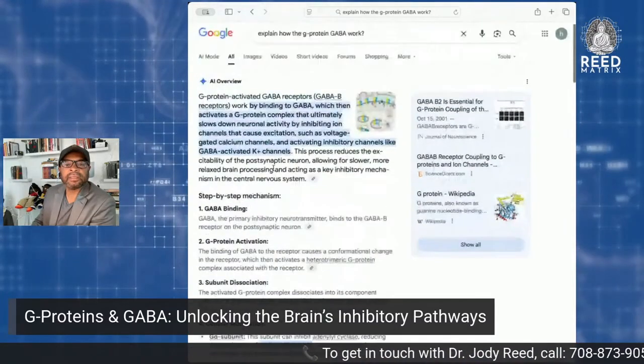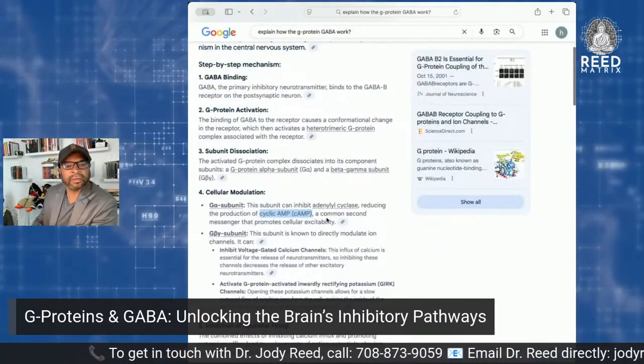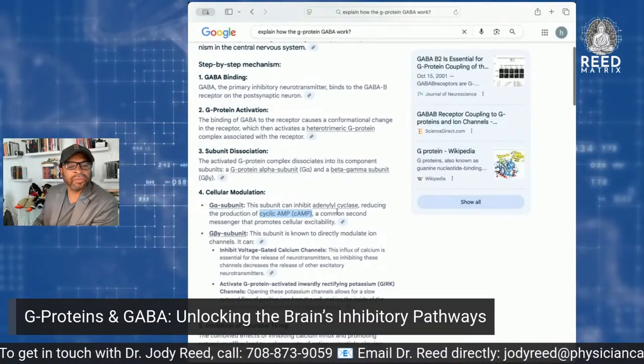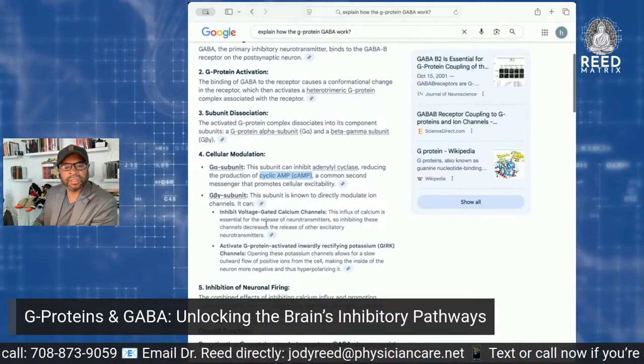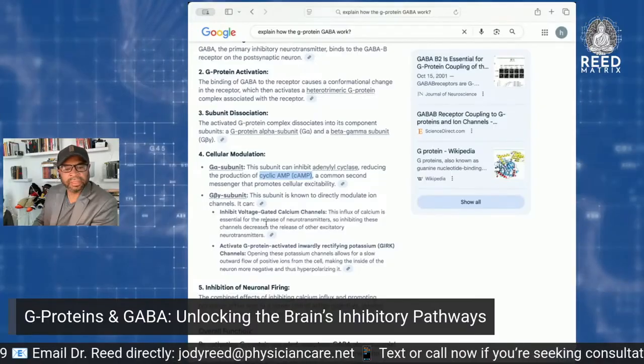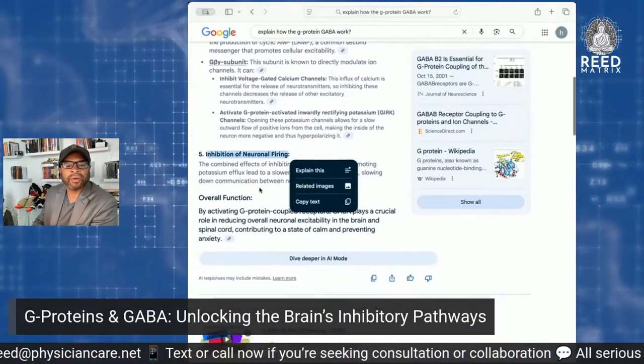Okay, makes sense. These are the two. I guess this is it right here. The mechanism is the alpha adenylate cyclase and the beta. This is the mechanism by which GABA decreases the inhibitory tone. Okay, next, inhibition of neuronal firing.